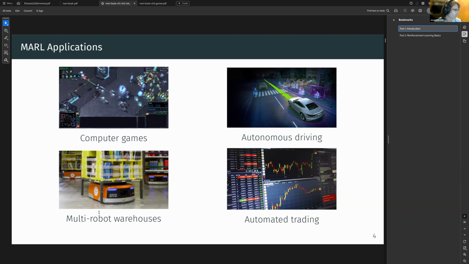And this would be a case of a problem that doesn't necessarily have to be solved in a multi-agent structure. You could consider this as a case where you have one system which is trying to control all of these things in a cooperative manner.